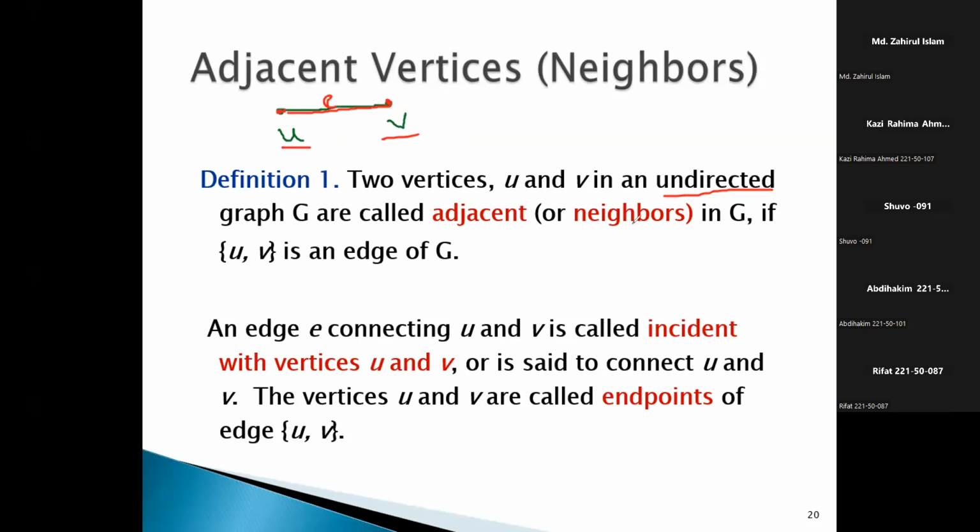Is it clear? Yes, sir. Okay, so this is the undirected graph, and we learned what an adjacent vertex or neighbor is, then what an incident is, and then the meaning of endpoints.